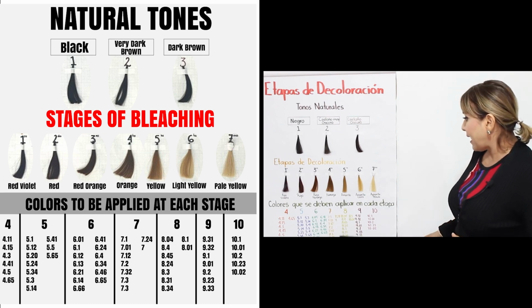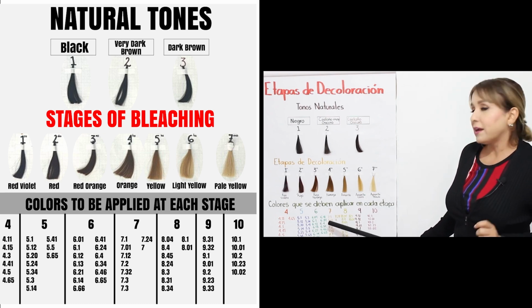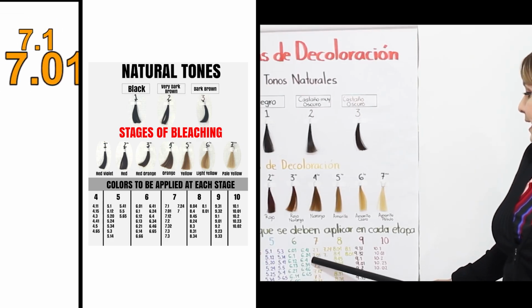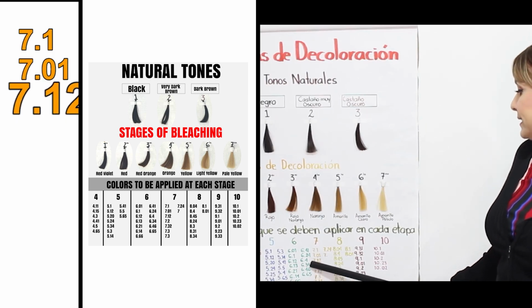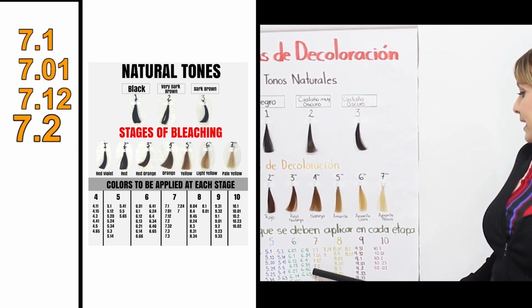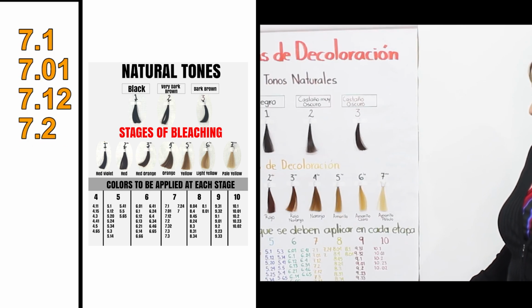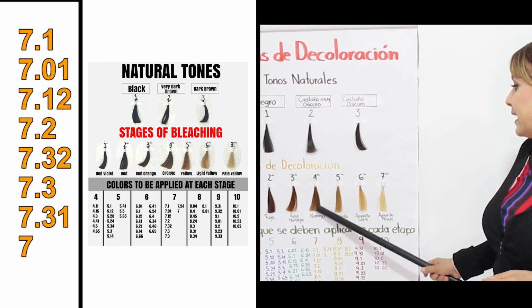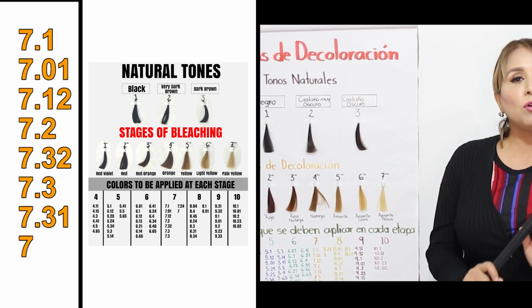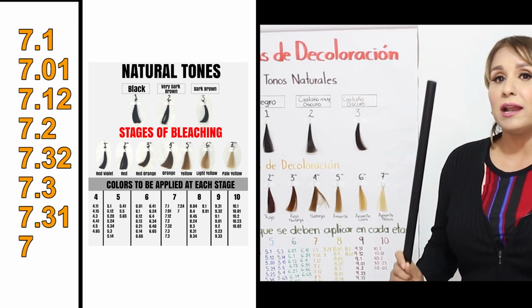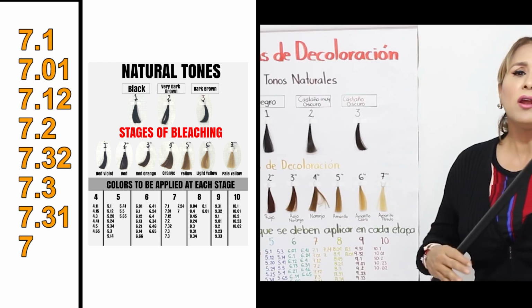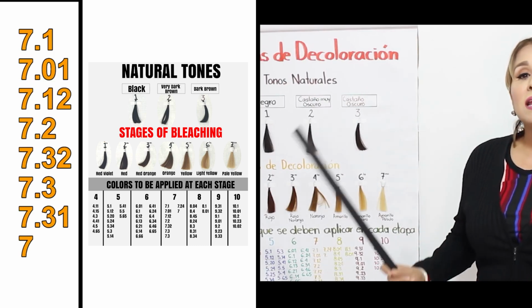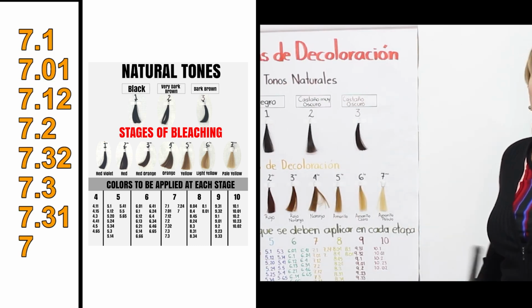We can apply dyes with the sheer reflections, which can be 7.1, 7.01, 7.2, 7.12, or 7.31. If I apply these dyes on an orange base, I will counteract the orange reflection a little, and I will have a tone that is more suitable to wait for the next bleaching to reach a silver.